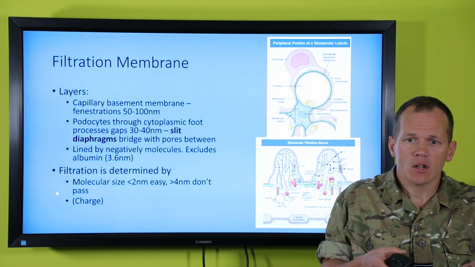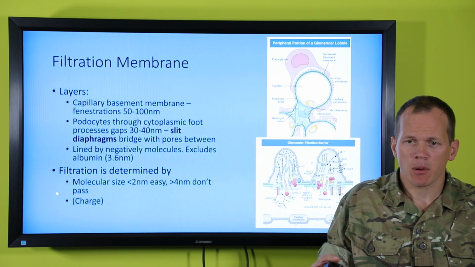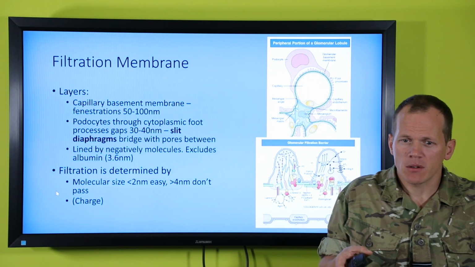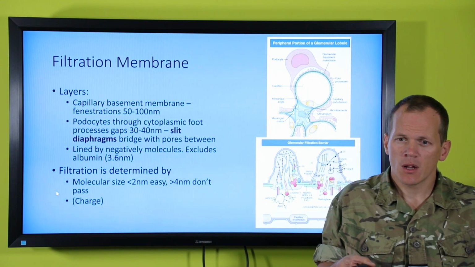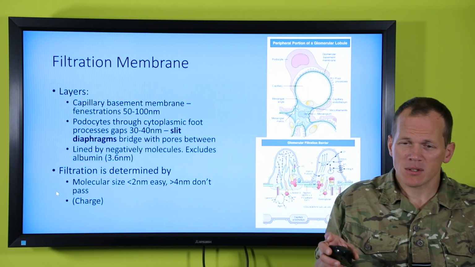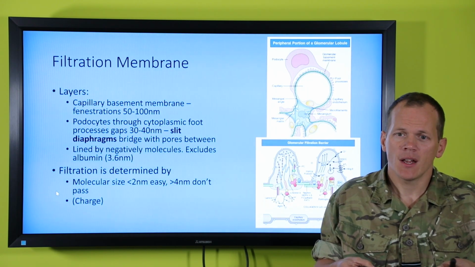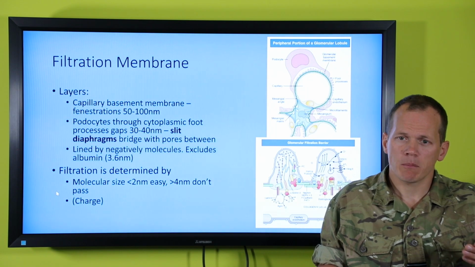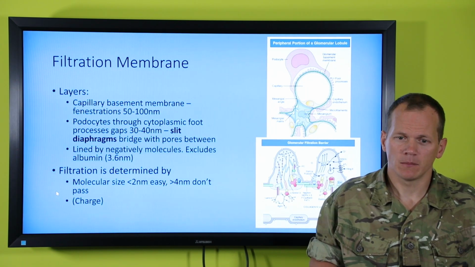Things like water, urea, potassium are all really small molecules, so they can easily pass through. But albumin, for example, is a larger negatively charged molecule, and the podocytes themselves are negatively charged, so it totally repels albumin and keeps it within the capillary, and it's not filtered whatsoever in health.